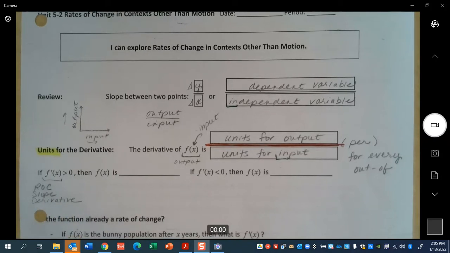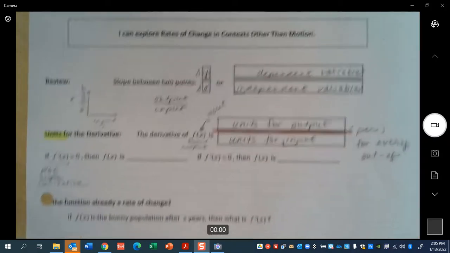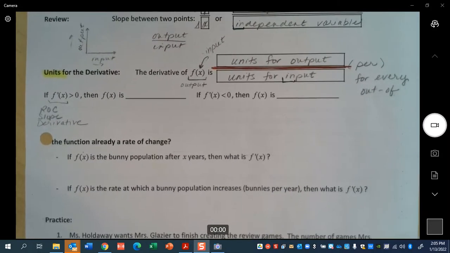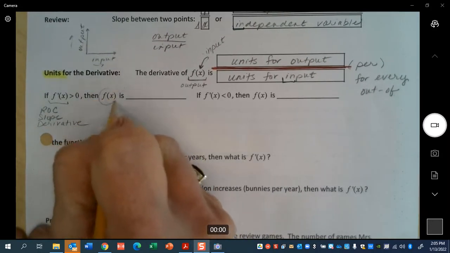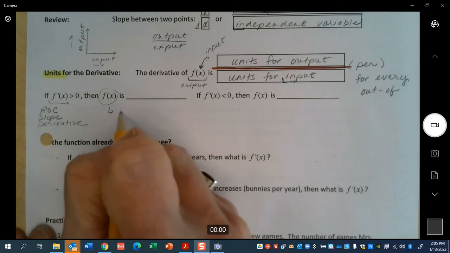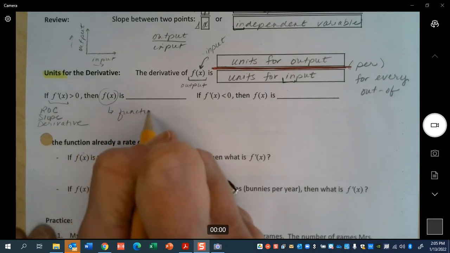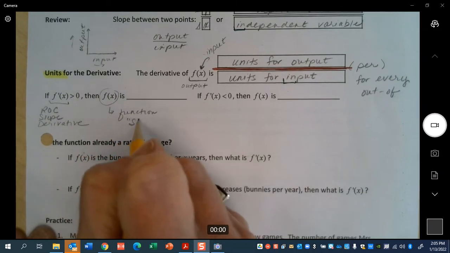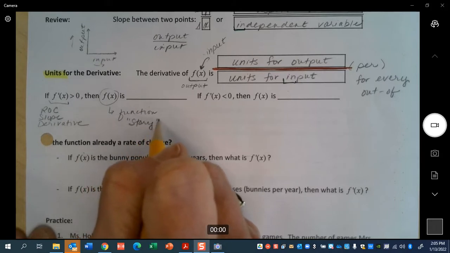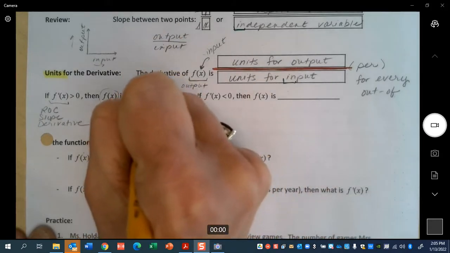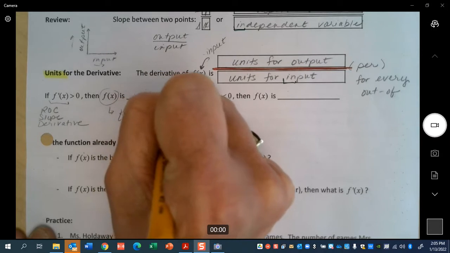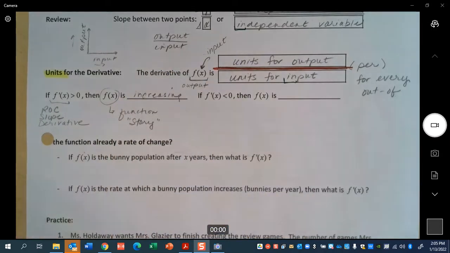If your derivative is bigger than 0, and I want you to think about this as your function, and sometimes I like to refer to that as your story, that's going to be increasing. If your slope or your rate of change is positive, then that means that whatever's going on in your function, whatever your story is, it's increasing.